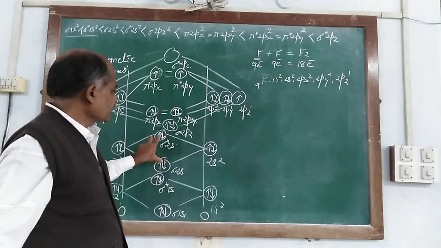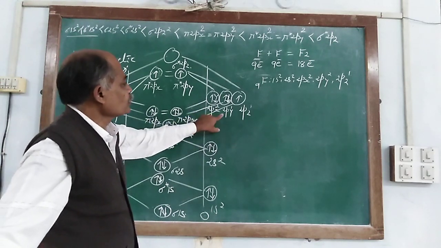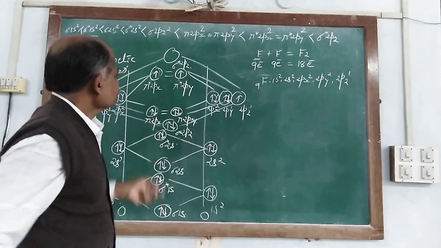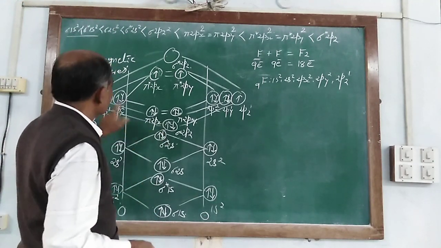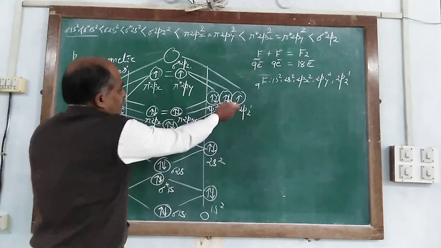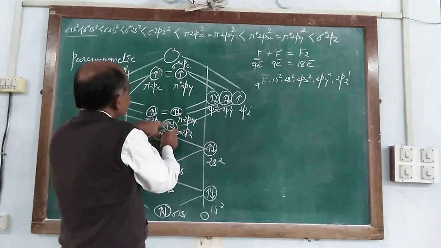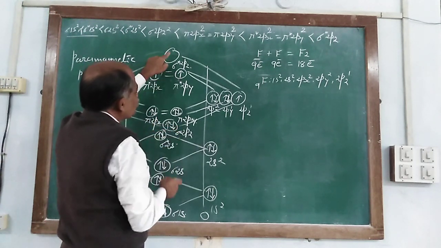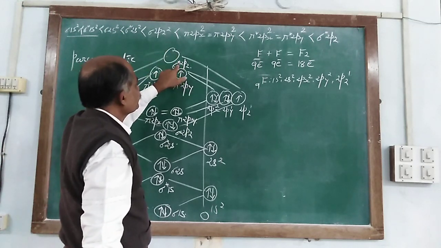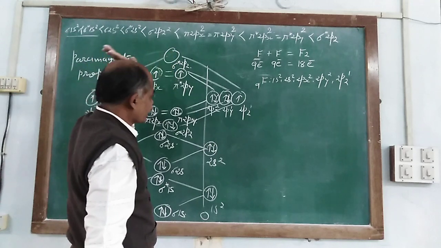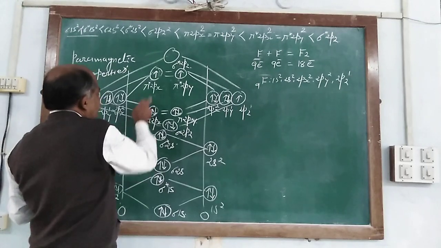From 2pz, one electron is accommodated from here and one electron here, which pair up, and no electron remains. So the antibonding molecular orbital sigma star 2pz is totally vacant. Now 2px has two electrons, one here and one here. Similarly for 2py, one electron here and one electron here.